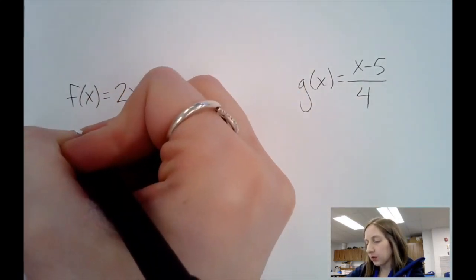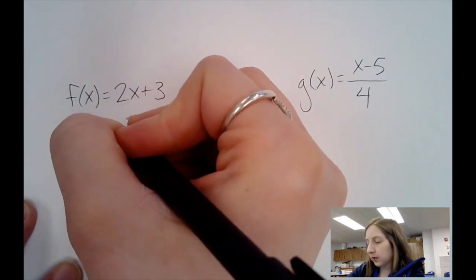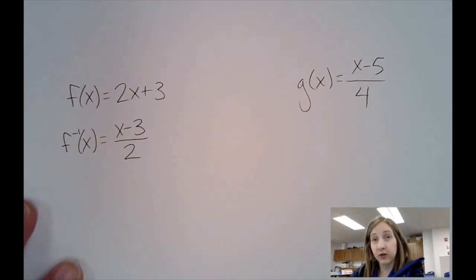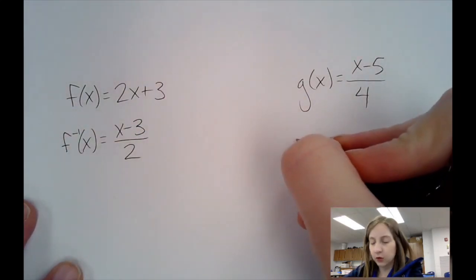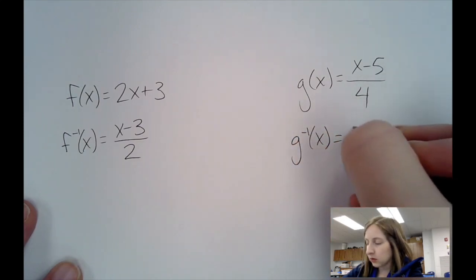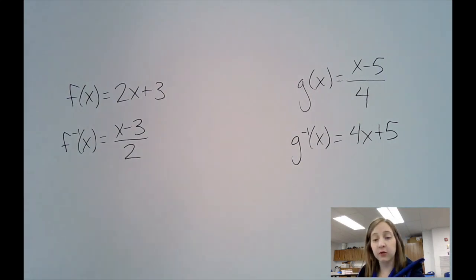So this one, f inverse, is going to be x minus 3 divided by 2. Hopefully you got that. If not, we'll go through it just in case. g inverse is 4x plus 5. If you got both of those, you're good. Hopefully you'll be able to do your assignments. If you didn't get those, go ahead and keep watching and I'm going to explain how I did these.